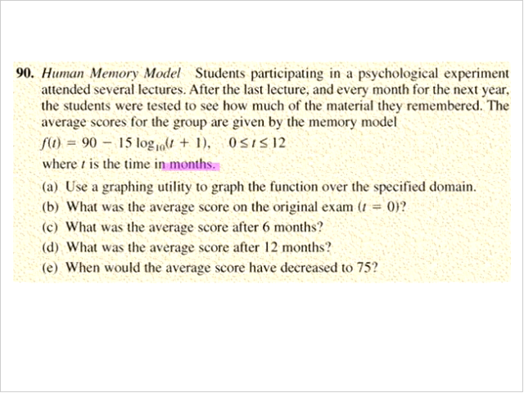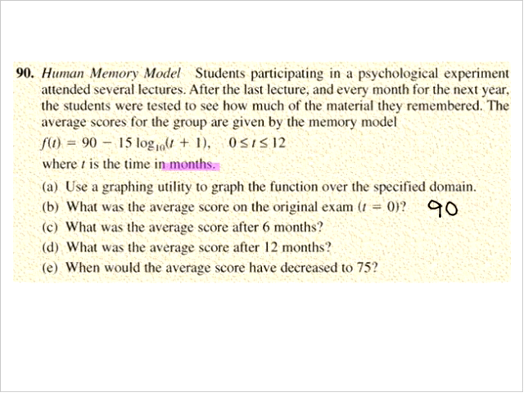So when we plug 0 in for T, let's see, we get 90, and you can use your calculator here because it is base 10. 90 minus 15 times log of 1. So 90 minus 15 times log of 1 gives me just 90. Good.